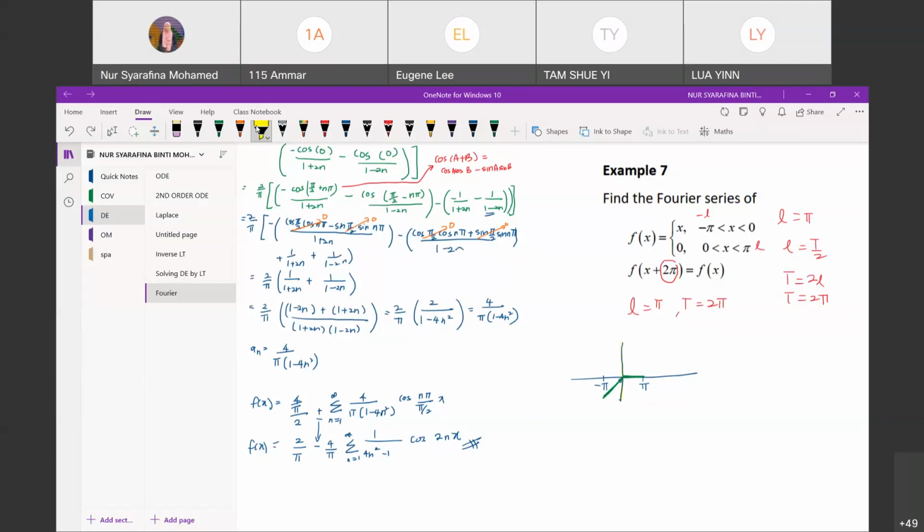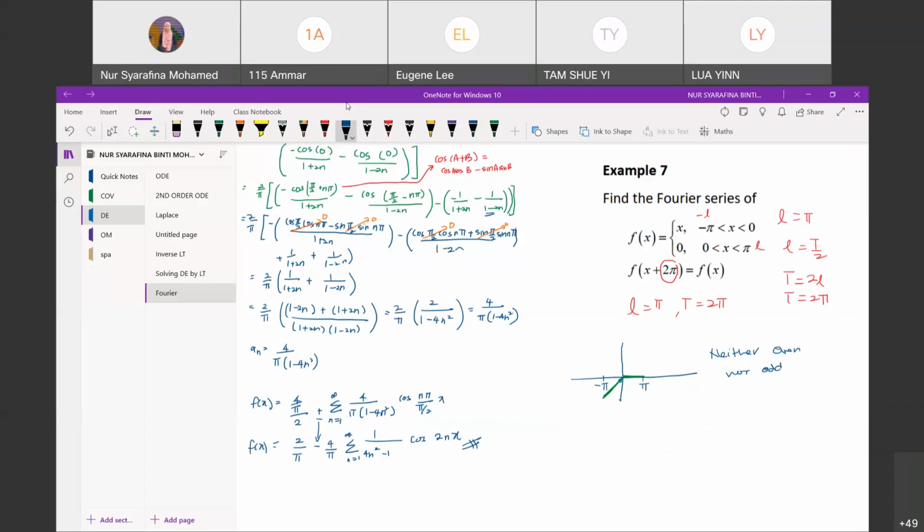And when it is symmetric about the origin, either the symmetric line is here or here. But is it symmetric? Still no. So you can conclude that the function is neither even nor odd. So you have to come to the first formula where you need to find all A naught, An, and Bn. Is that clear?